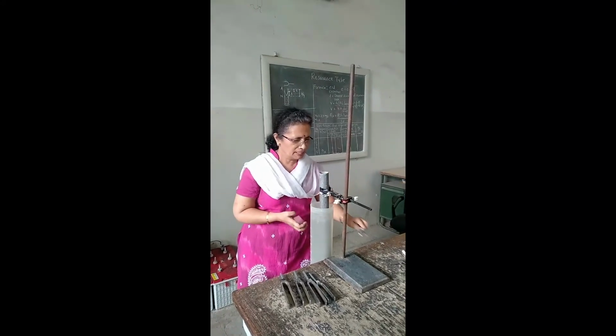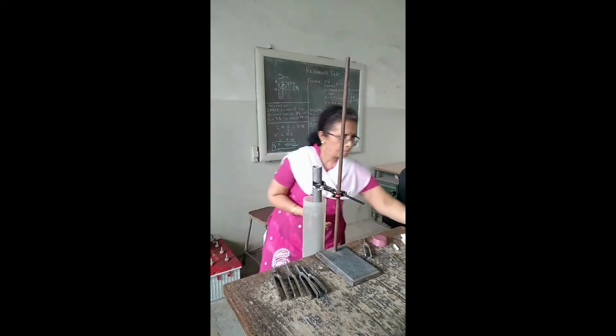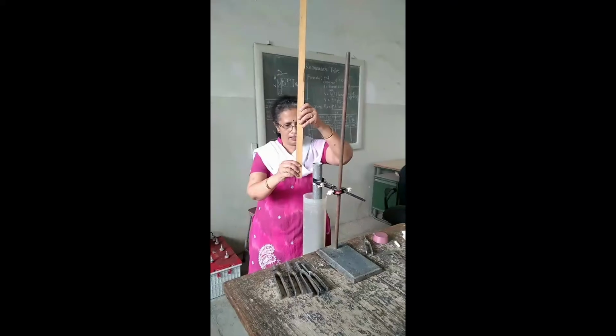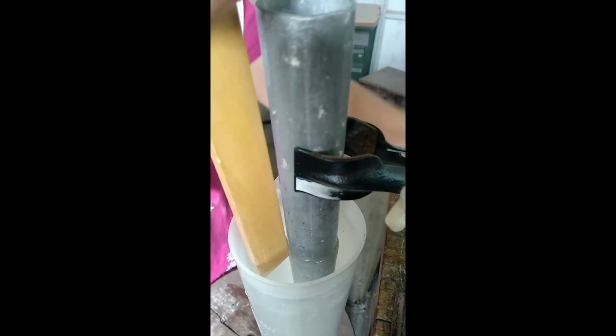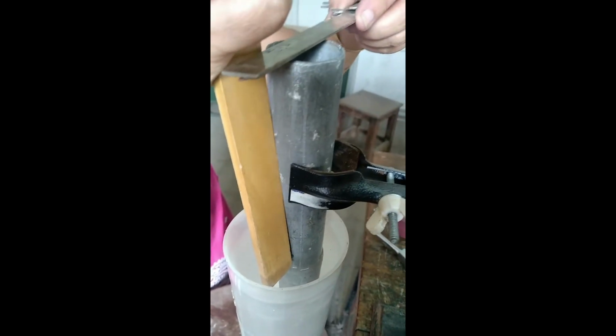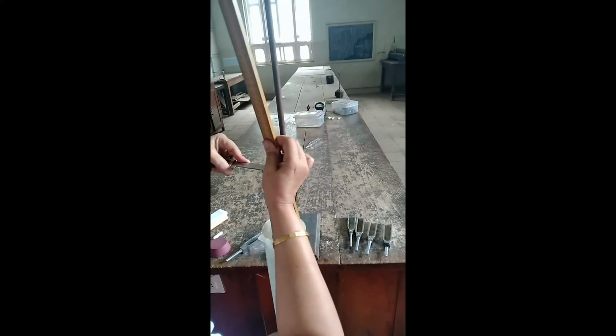So you have to measure the length by using a scale. See exactly, your scale's 0 touches the water level, and for the exact reading you can keep one scale over here. So this reading is coming 16.4 centimeter.